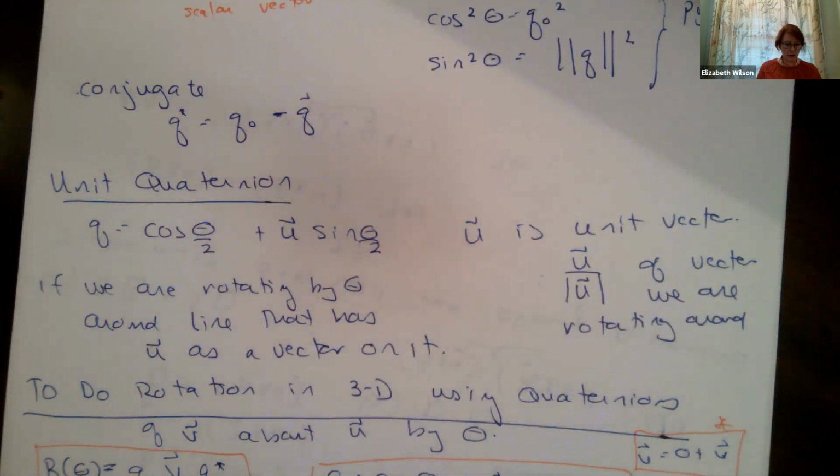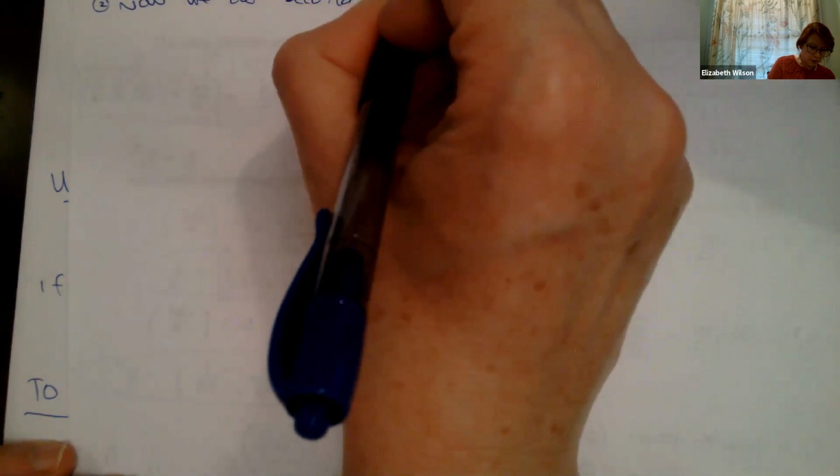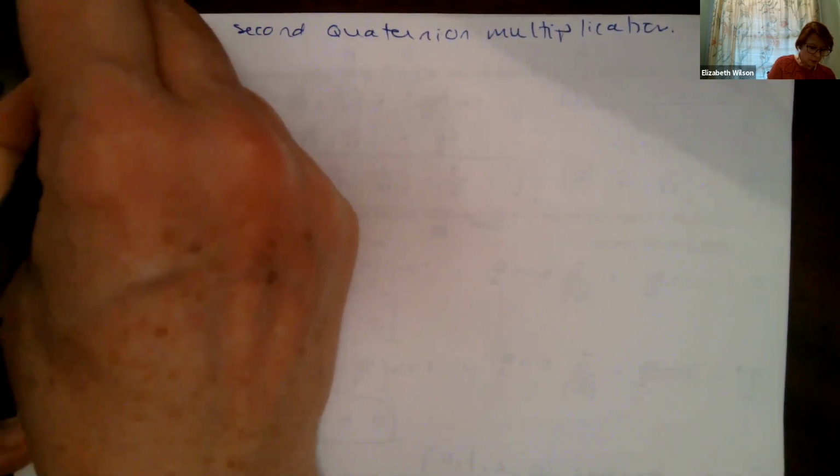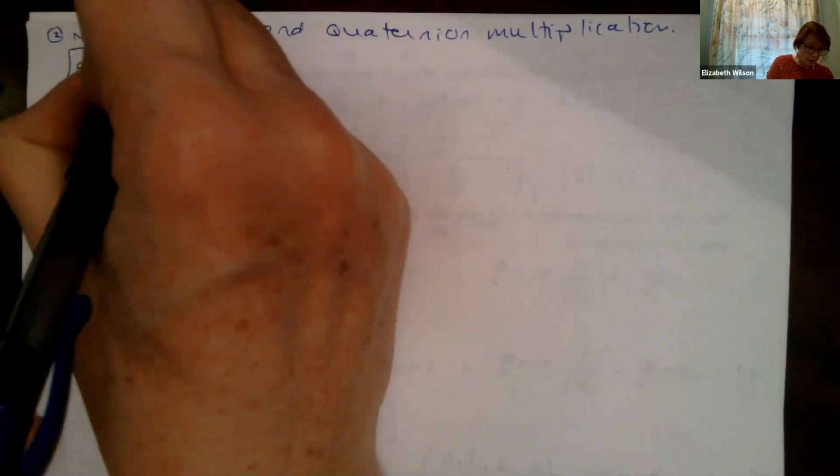Over here. So now our second step, part 2, is we do the second quaternion multiplication. Okay, so the second quaternion multiplication goes like this. We're going to take our answer from part 1, right? The Q times V that we just came up with, and we're going to multiply it by Q star.